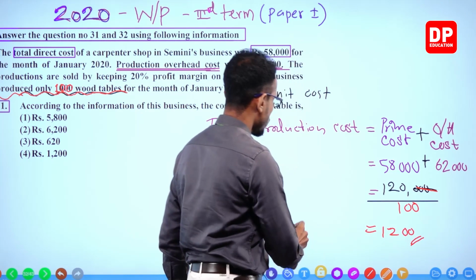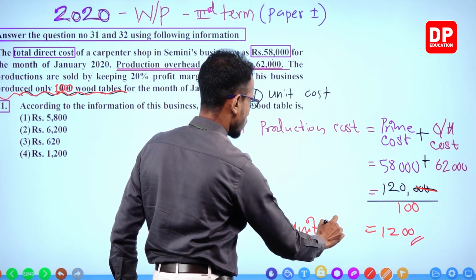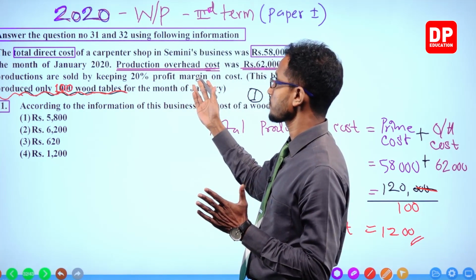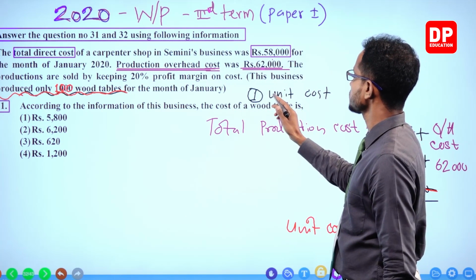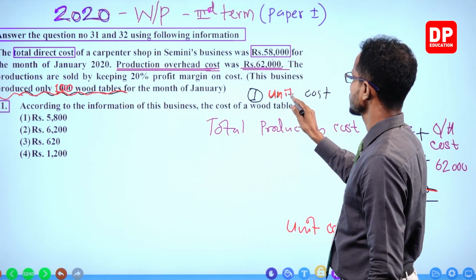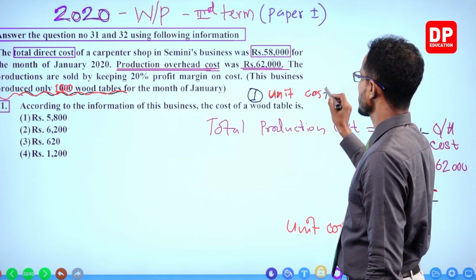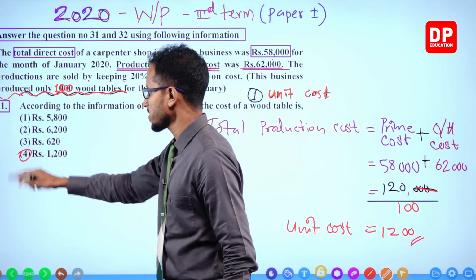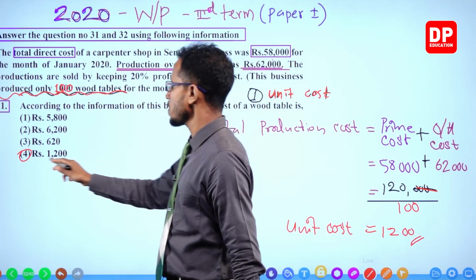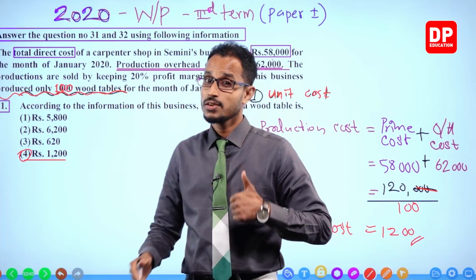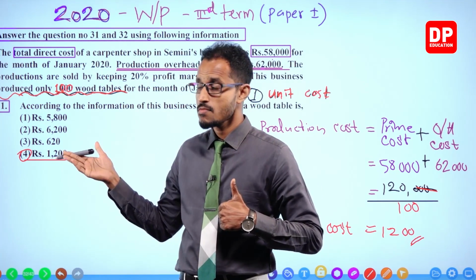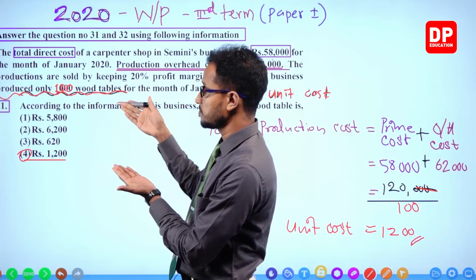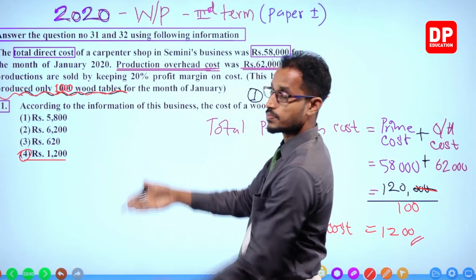That is the unit cost. That is what they ask us to find here. Unit cost, cost of a wooden table. And the answer is right here, 1,200. You got it? I noticed the mistake, and I corrected the mistake right here.